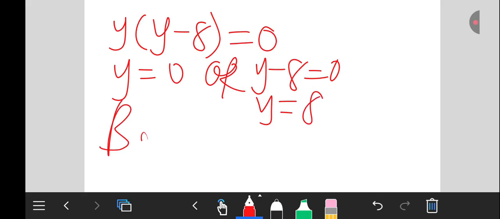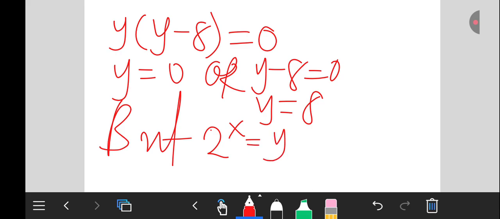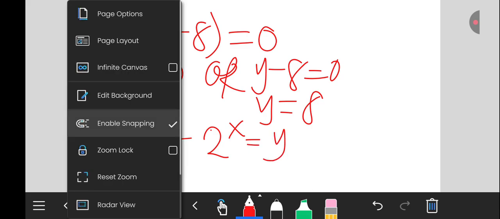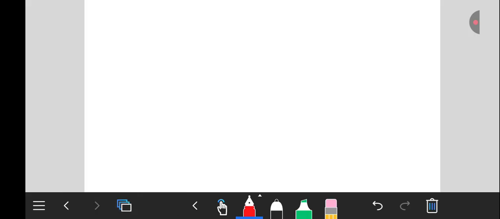But remember, we said 2 to the power x is equal to y. Okay? So 2 to the power x will be equal to, the first solution we've gotten is 0 for y.